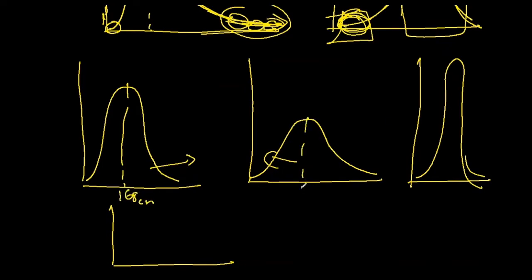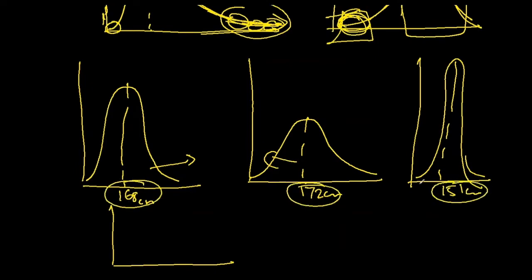This one, say it is 172 centimeters, and this one is 151 centimeters. If I take every city's average height and draw a distribution graph of those heights, it will again be a normal distribution graph. Maybe this is for Cairo, Egypt. Maybe this is for some city in the US. Maybe this is for some city in Sri Lanka, right? But the overall graph will also be a normal distribution graph.